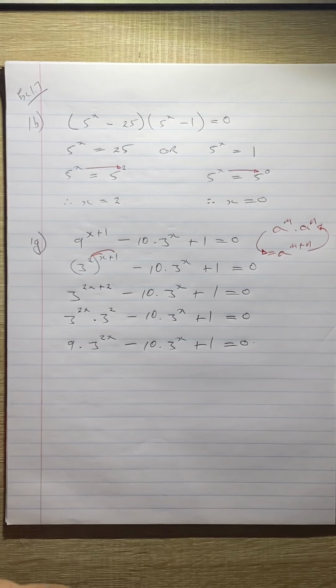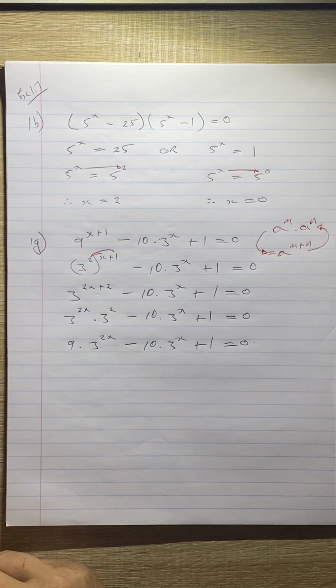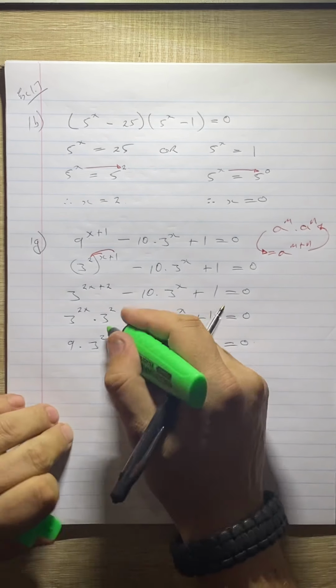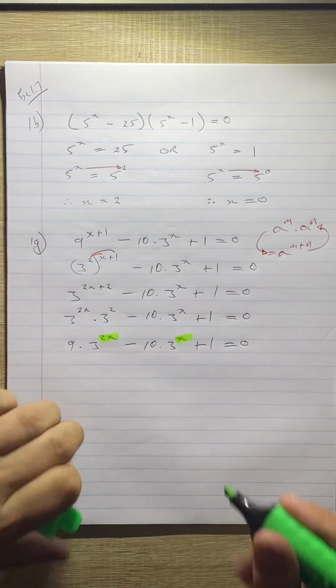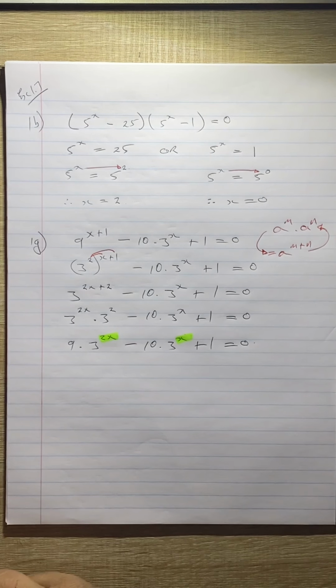All right. Now, from the worksheet video that I've done for you guys, remember, if you have an exponent that is double the other exponent, you are going to use a trinomial.